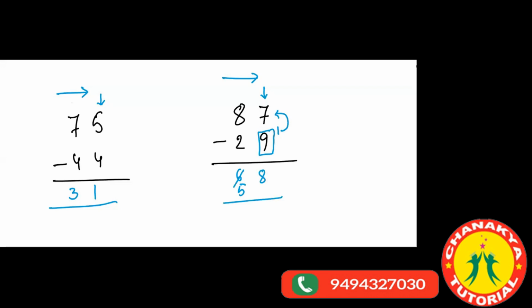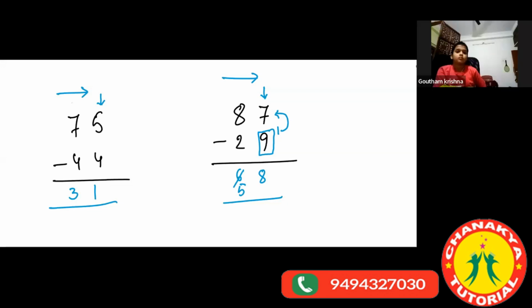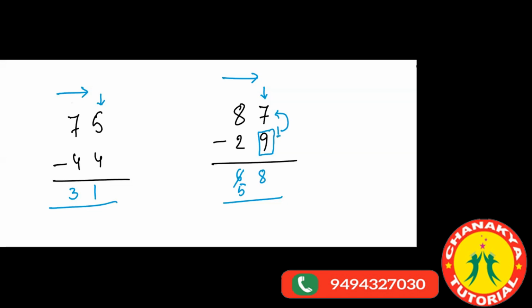Two things we have to do. Whenever we get a mismatch in the next place, then reduce the difference by 1 and take the complement of the subtrahend and add that complement to the minuend. What is the complement of 9? 1. We have added that 1 to the minuend.